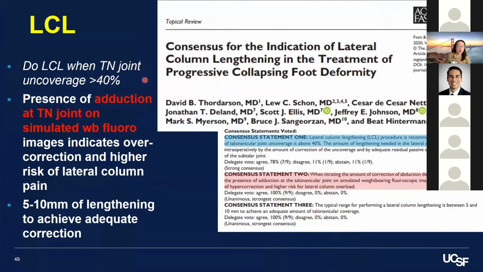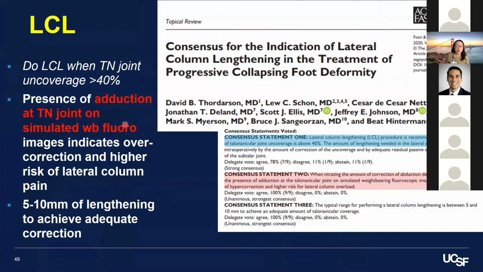So for lateral column lengthening, this is just the consensus statement that came out last fall when all these experts in flatfoot got together, and they are recommending that you do this lateral column lengthening when the talar head is uncovered greater than 40%. And then if you end up seeing some adduction of the talar navicular joint, that would mean that you've over reduced it.